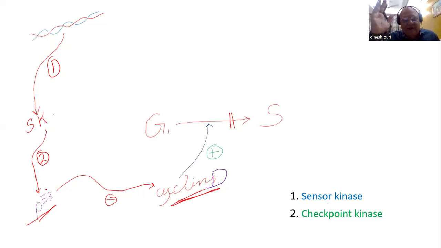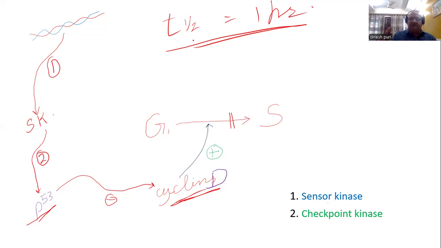So P53, a nuclear phosphoprotein, जिसकी half life करीब 1 hour है. These are the latest figures. तो इसको ये stabilize कर देता है, इसकी half life increase हो जाती है, intranuclear concentration increase हो जाती है. तो DNA damage, P53 gets activated, intranuclear concentration increases and inhibits cyclin D. Rest of the events are same, leading to block here.